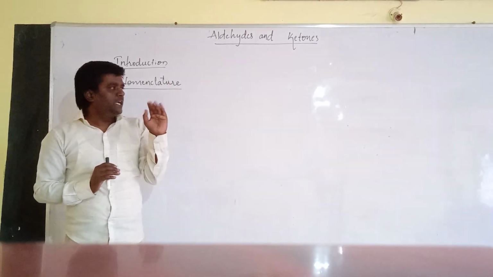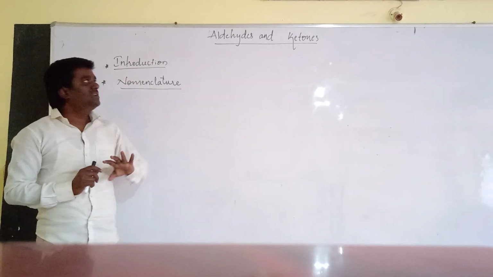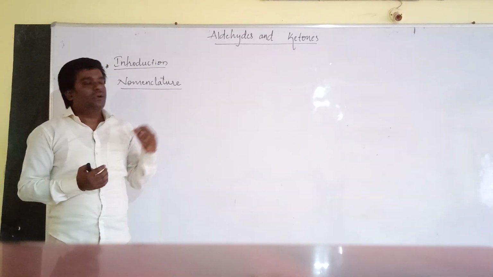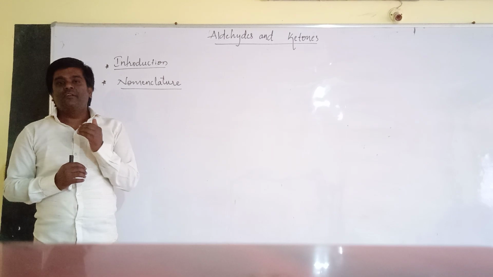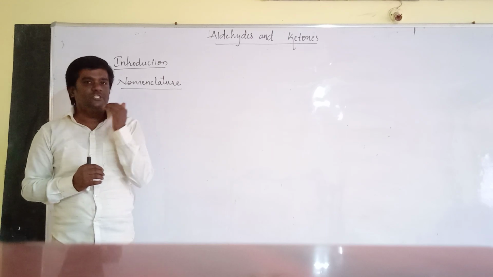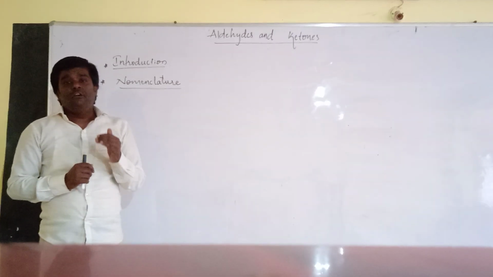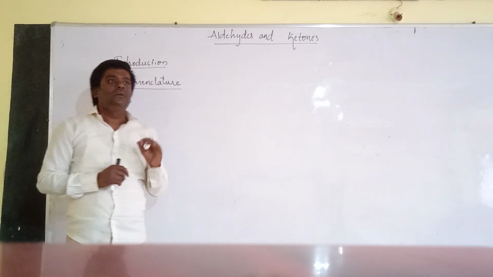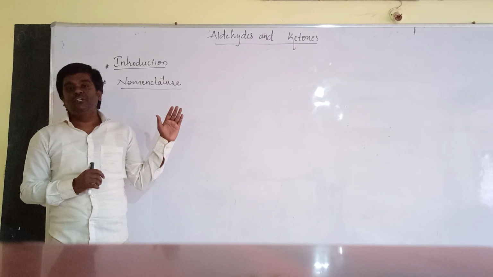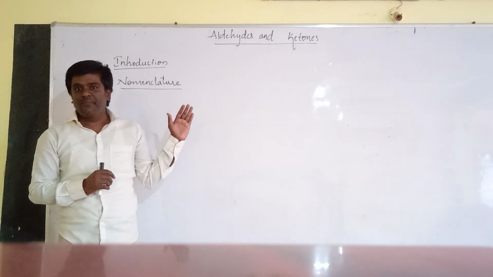Okay. In the introduction class, we also studied the structure of carbonyl compounds. In carbonyl compounds, the carbon shows sp2 hybridization and a 120 degree bond angle, due to the presence of 3 sigma bonds.